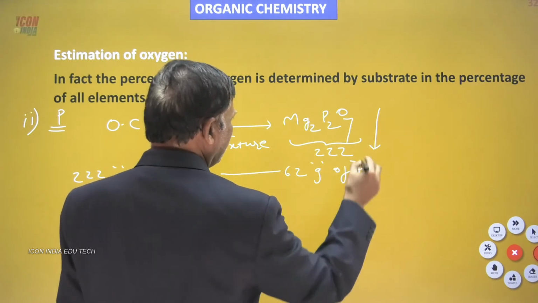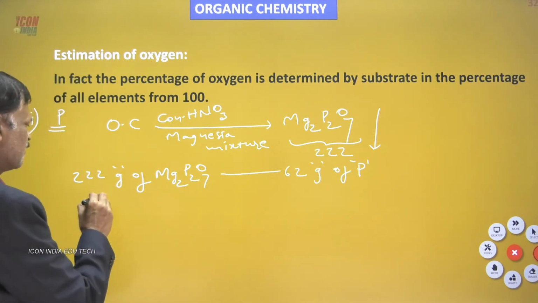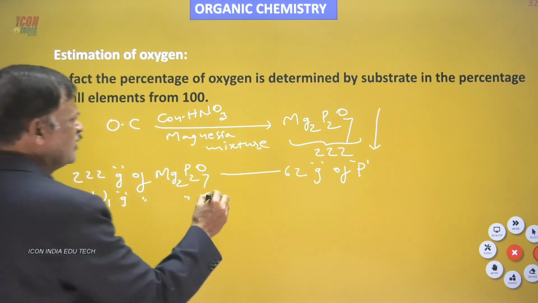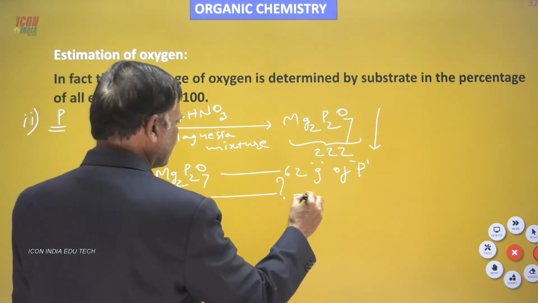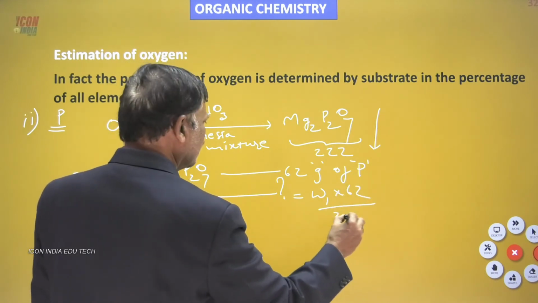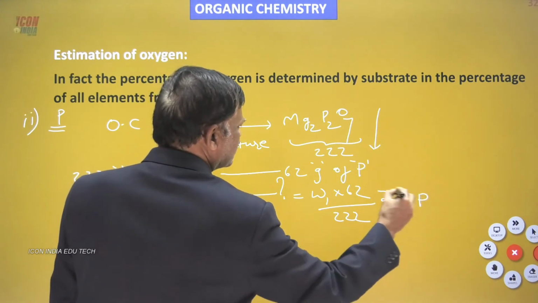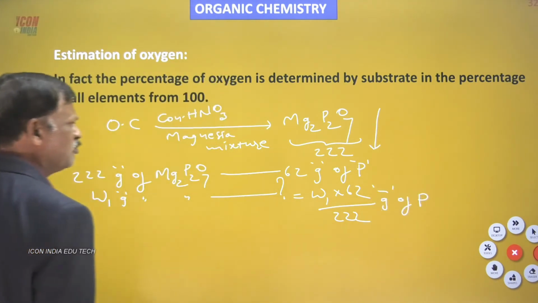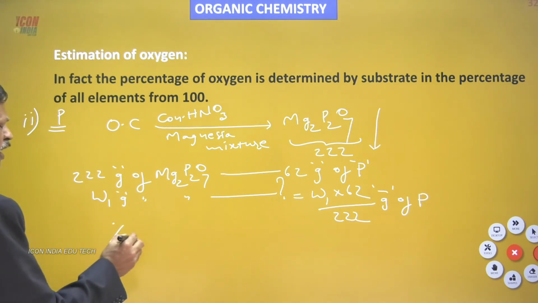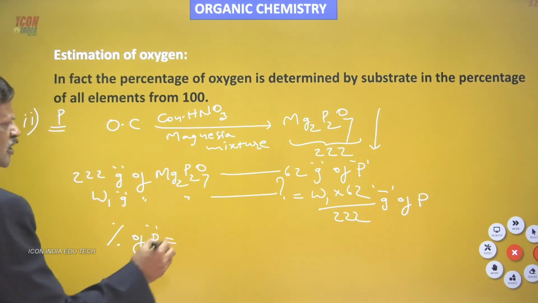In the experiment, we must have got W1 grams of magnesium pyrophosphate. So, W1 grams of magnesium pyrophosphate contains how many grams of phosphorus? That is W1 into 62 divided by 222 grams of phosphorus. That much phosphorus is present in the given mass of organic compound, that is W. That's why the percentage, 100 grams of the organic compound contains how much?